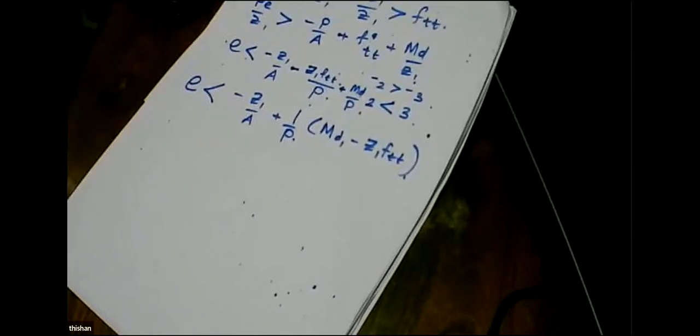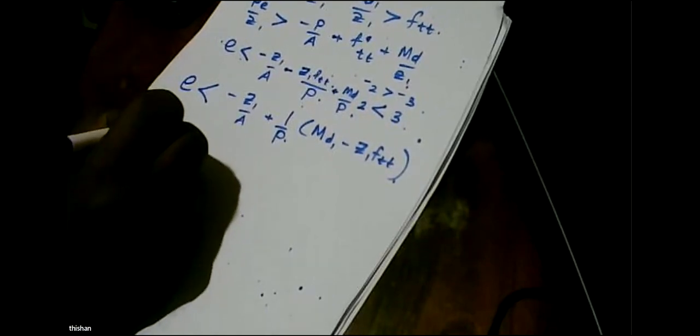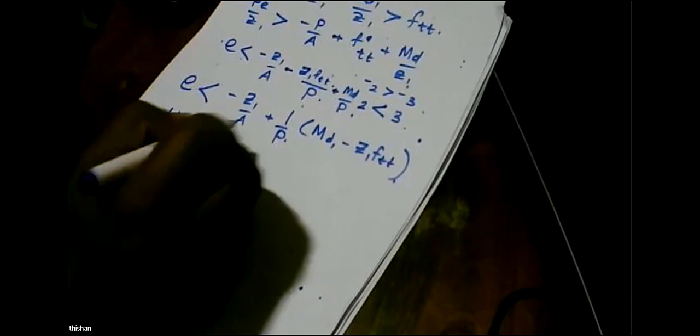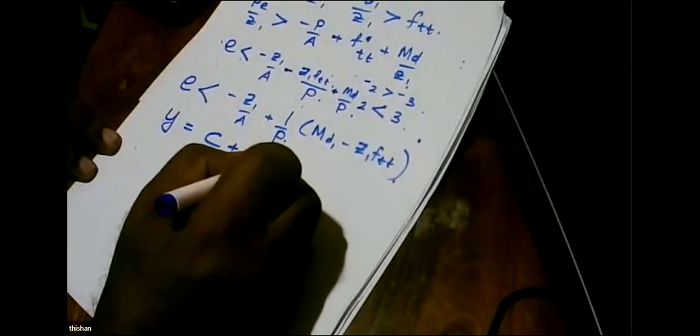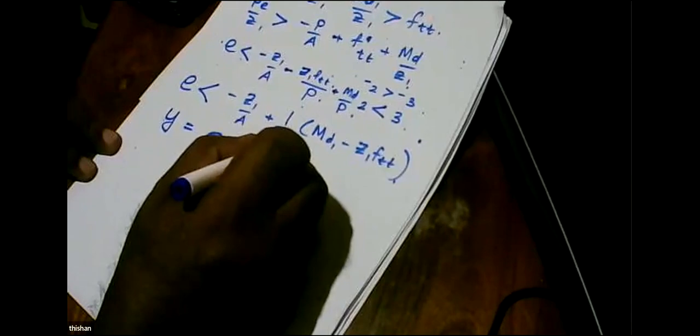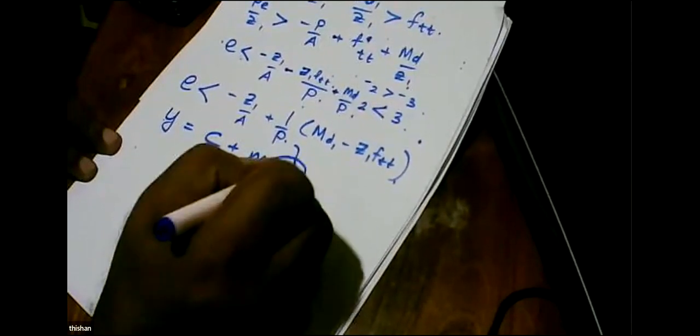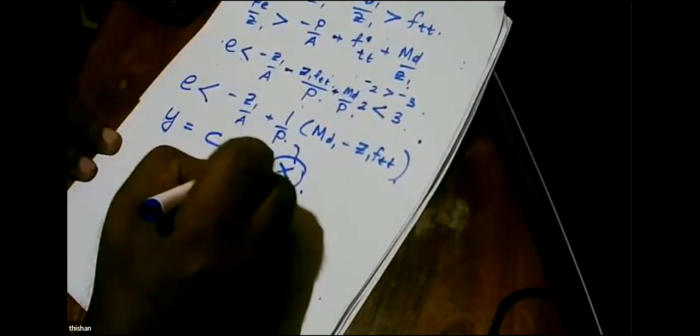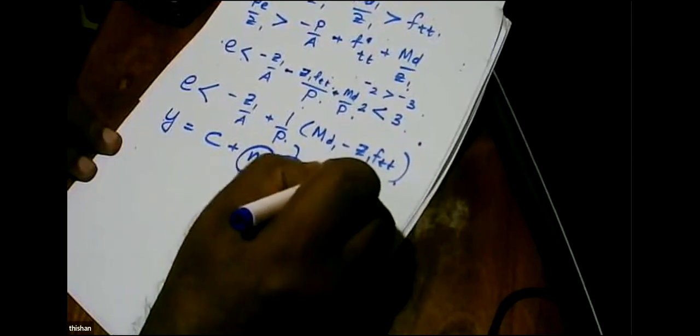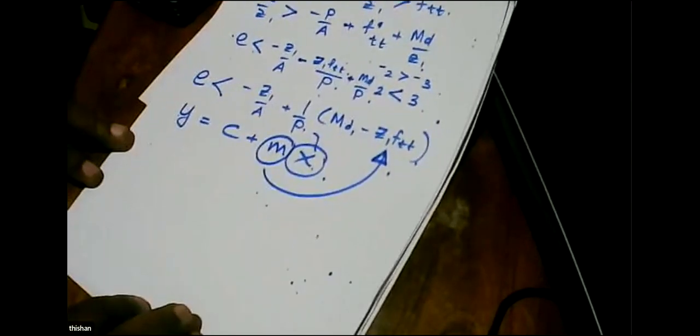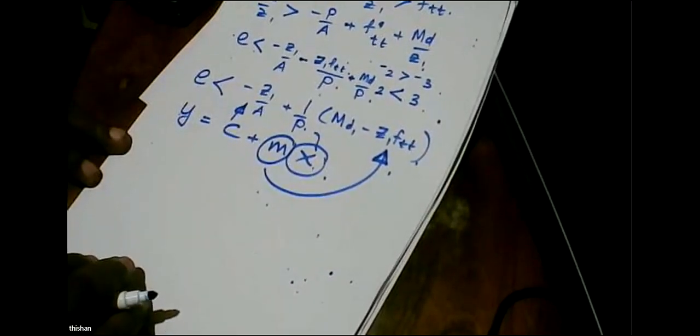E should be less than minus Z1 over A plus 1 over P MD1 minus Z1 FTT. So this is the first equation. And you can see this is y equal to C plus mx, and x is 1 over P. M is the gradient and it is given by this. And C is the intercept, it is given by this.